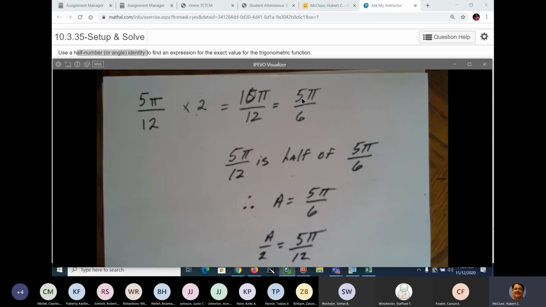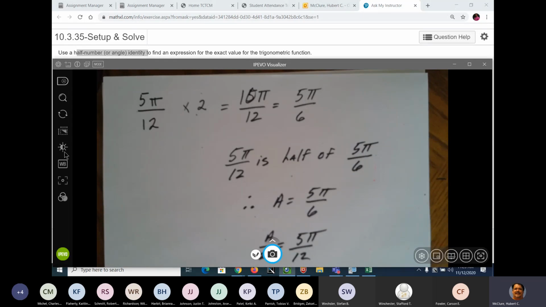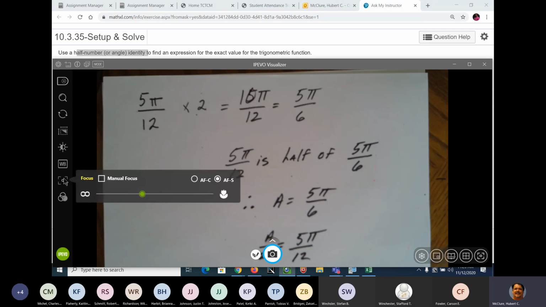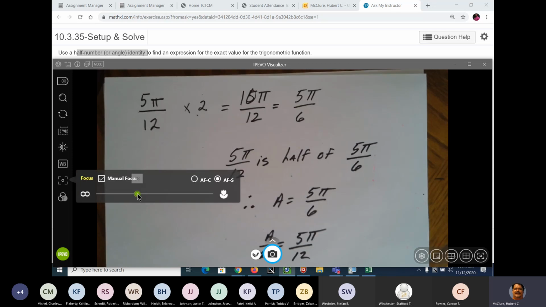Because you have to think like that since you're using a half angle identity.